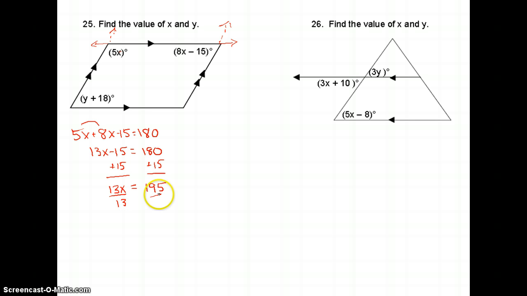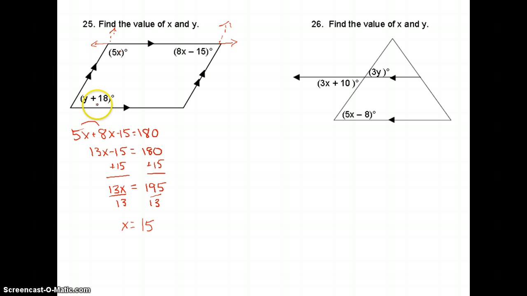To find x, I'm going to divide both sides by 13. Okay, so if we divide 195 by 13, x equals 15.